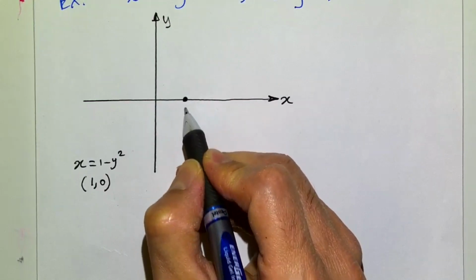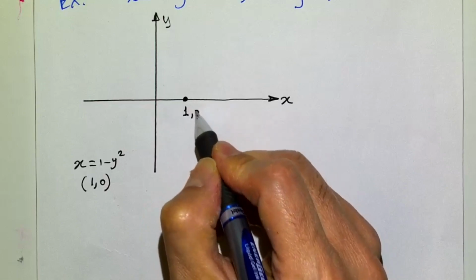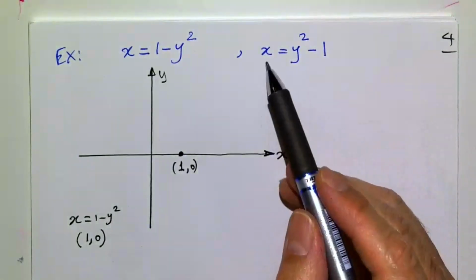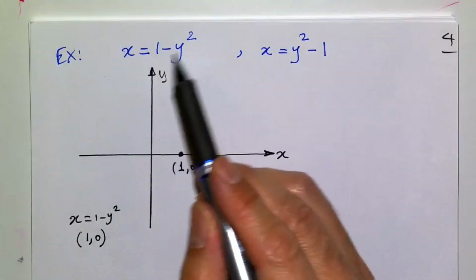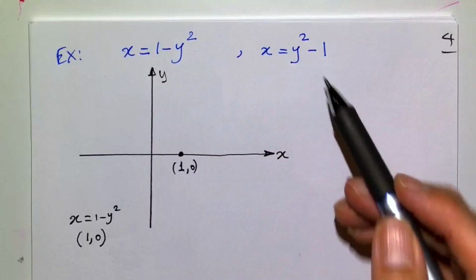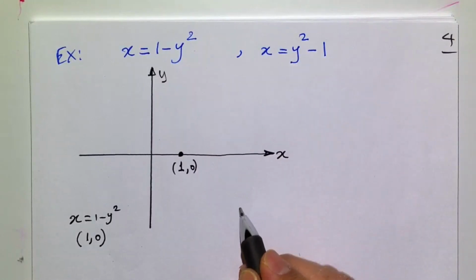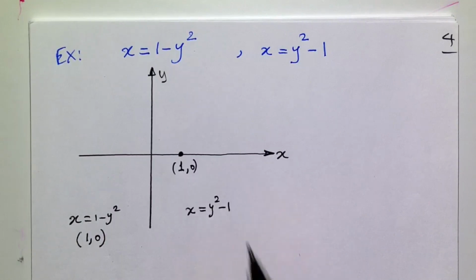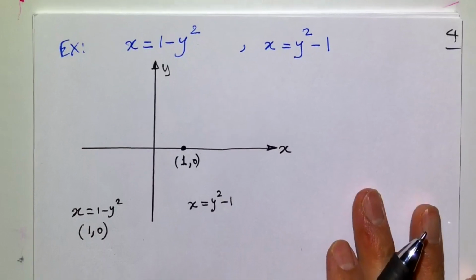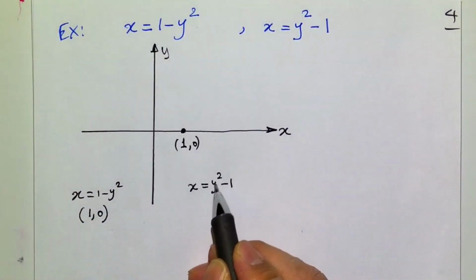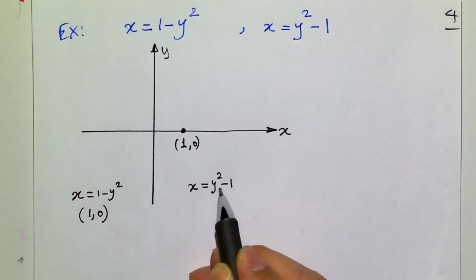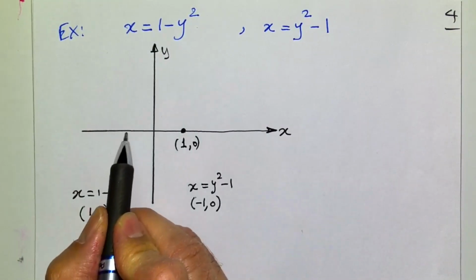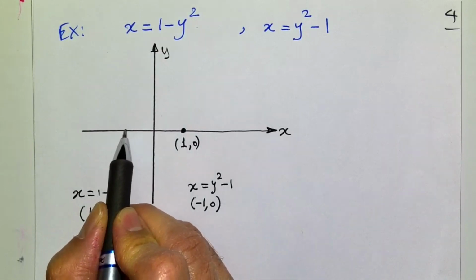How about the other function? For x equals y squared minus 1, if we substitute y with 0, we get x equals negative 1. So negative 1 comma 0. Let's put a dot here.